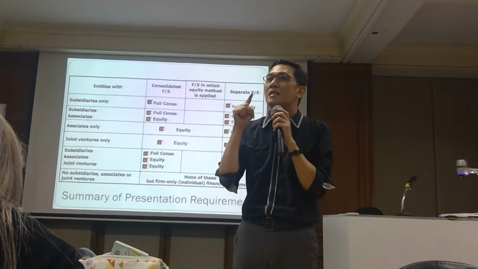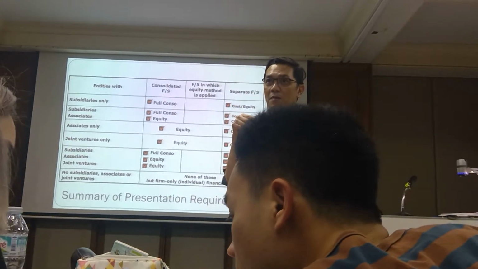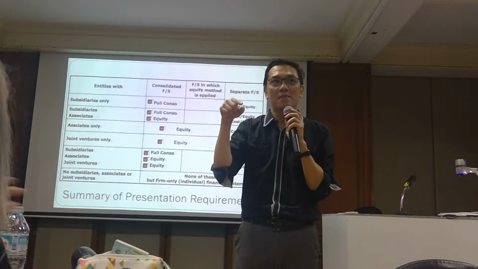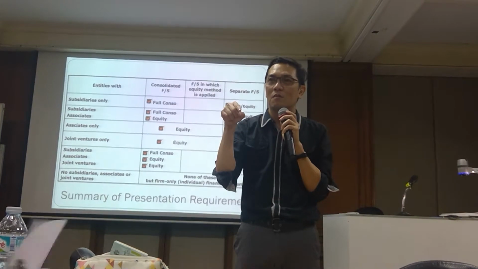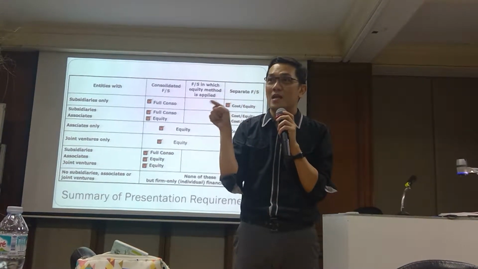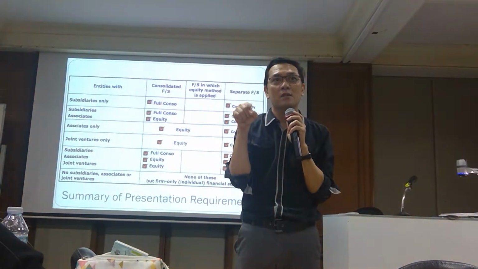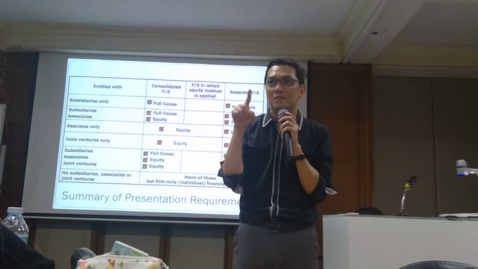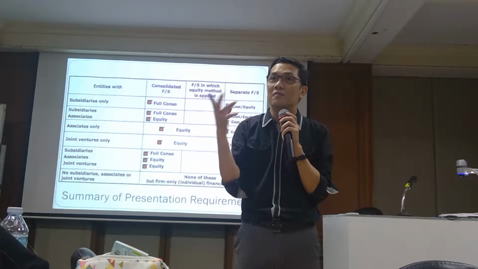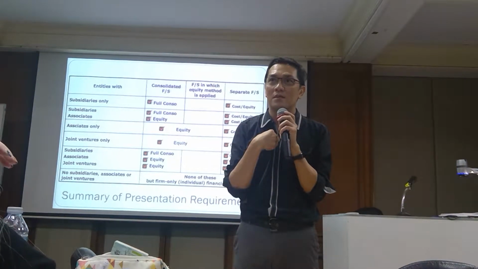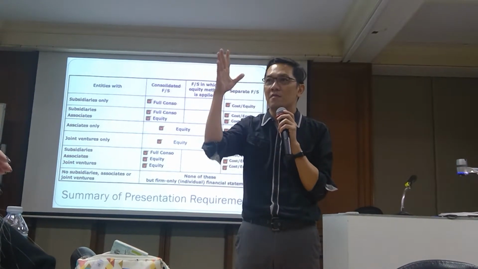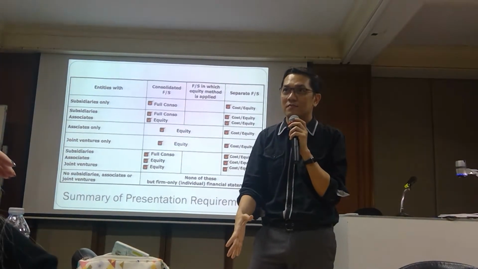Or you can spot it on the income statement straight away. For the income statement, if you pick the cost method, what's going to be in there? Dividend income. But if you pick the equity method, what's going to be reported in there? Share of the net income from the associate company. You can spot it right away from the financial statements.